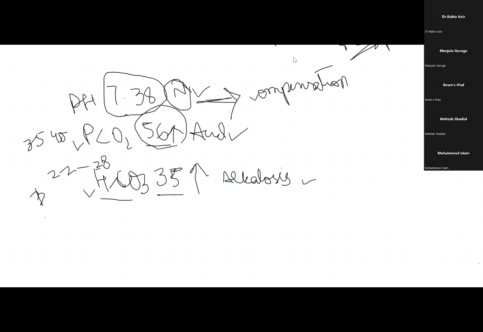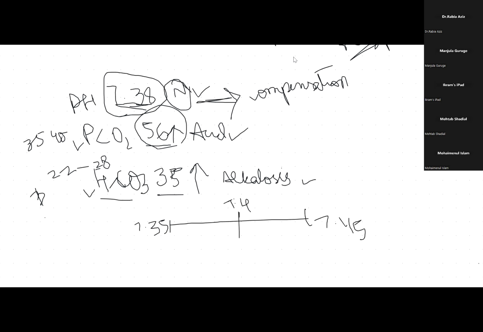So remember, look here, look at this pH. This is 7.38. I draw the pH. This is 7.35, and this is 7.45. The middle point of this is 7.40.